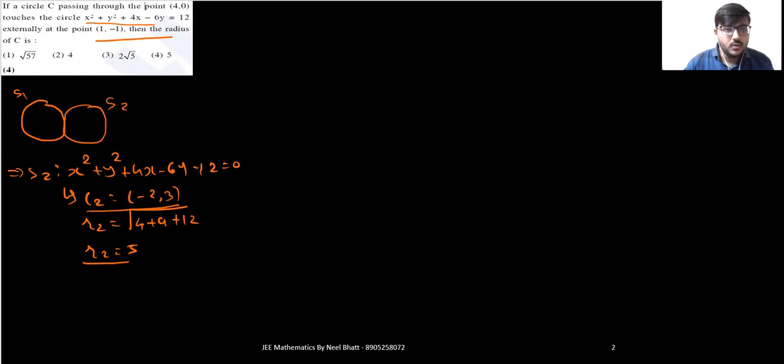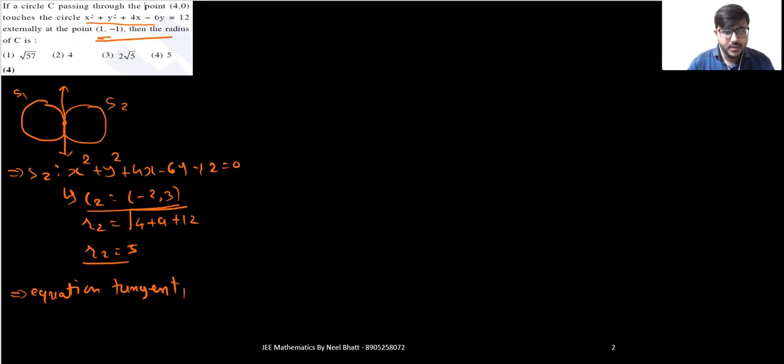Now what we'll do, we have given a point of contact, which is (1, -1). So let us find out one of the tangents. This equation we're going to find out, this line, will be the tangent of the circle S2. So equation of tangent.